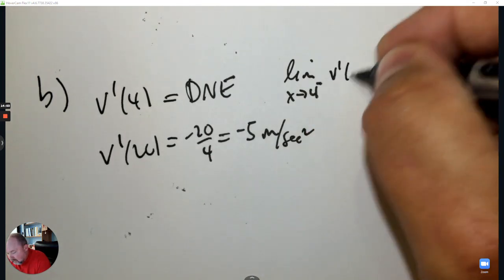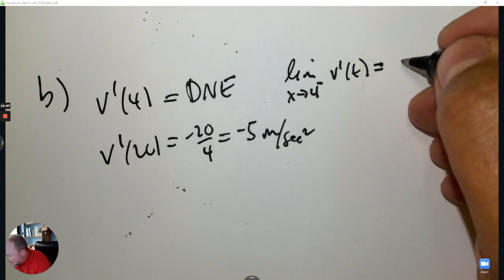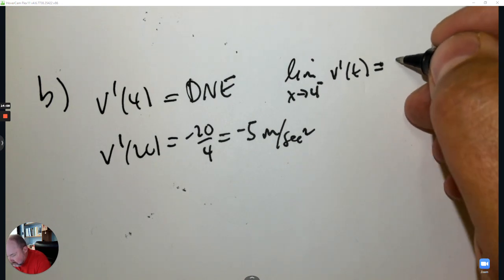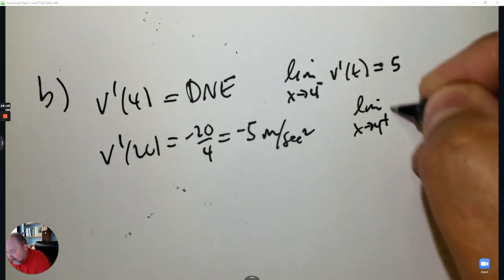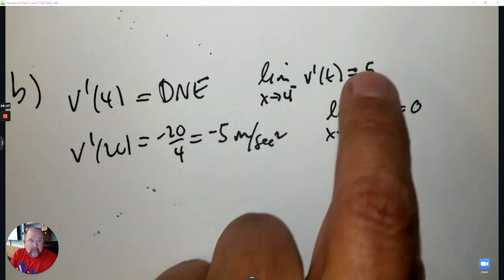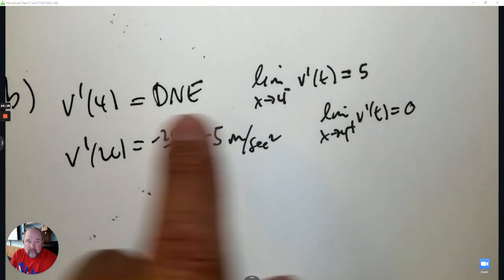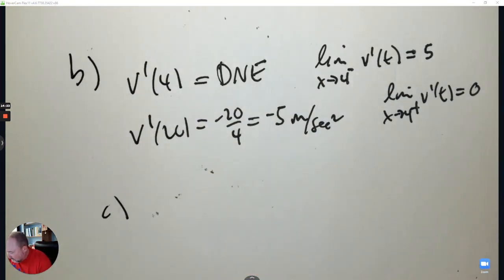If you look at the derivative from the left, it's rise over run, up 20 over 4. And if you look at the derivative from the right, it's 0. So the derivative on one side is 5 and the other one is 0. That's why it doesn't exist. This one does exist.